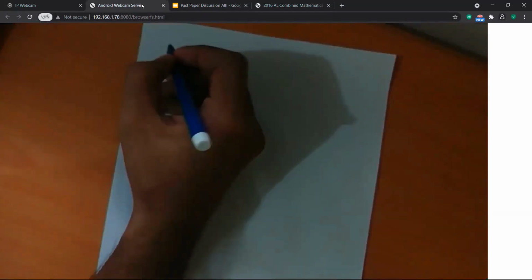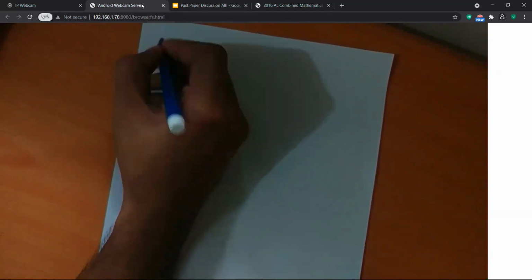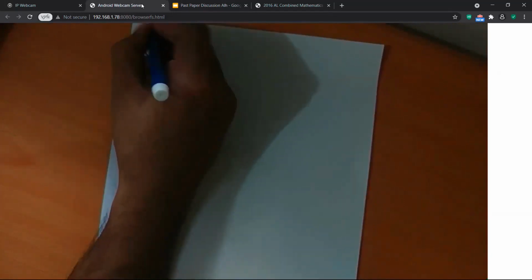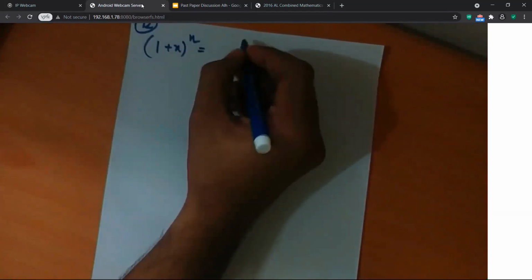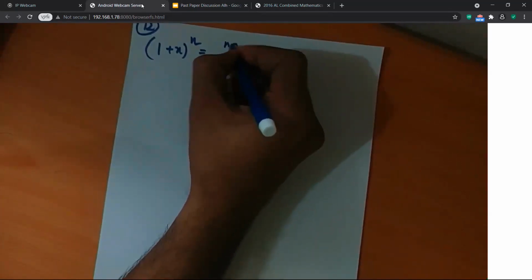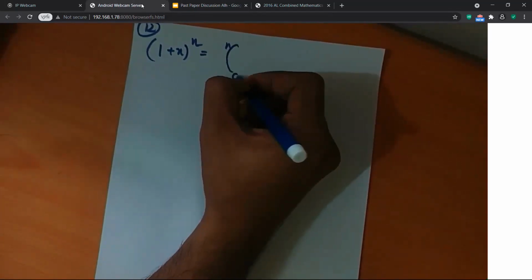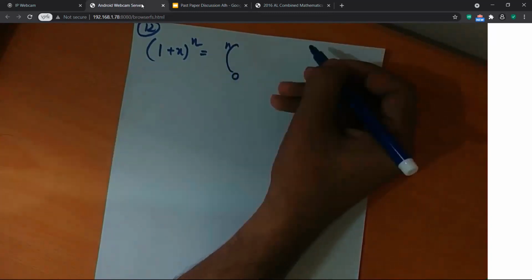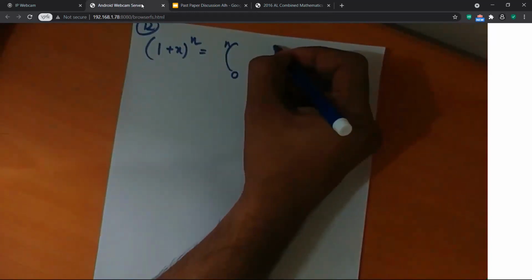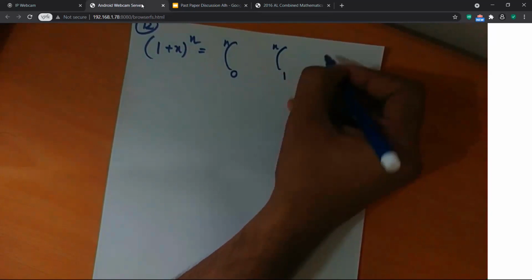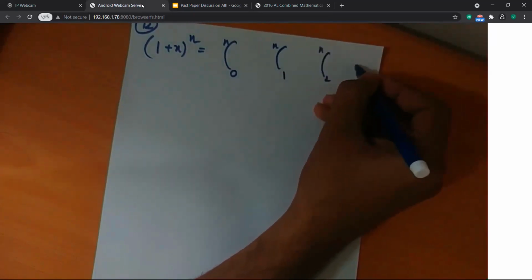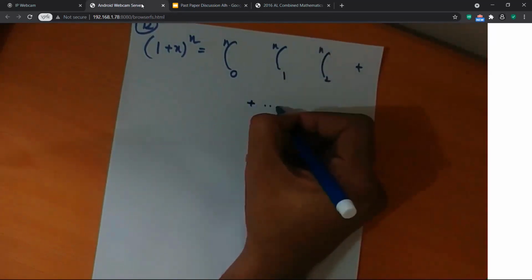So (1 plus x) to the power n can be written as nC0, and just as a pattern, nC1, nC2, and you go on until nCn.